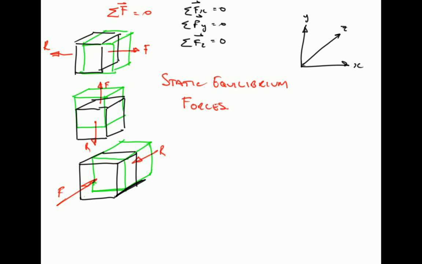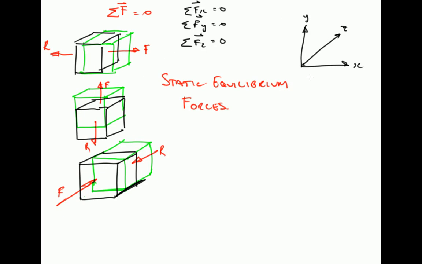So then, in the last video, we looked at the static equilibrium of a body, and we looked at how, in the general case, all the forces must balance, so all the forces must have a net resultant of 0.